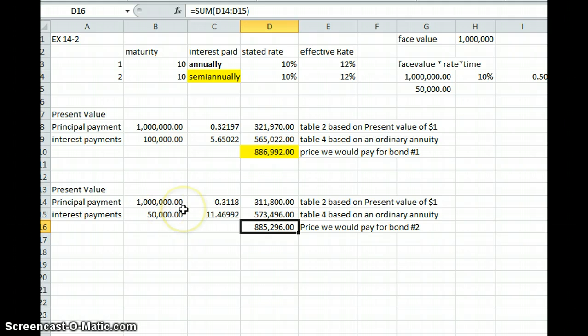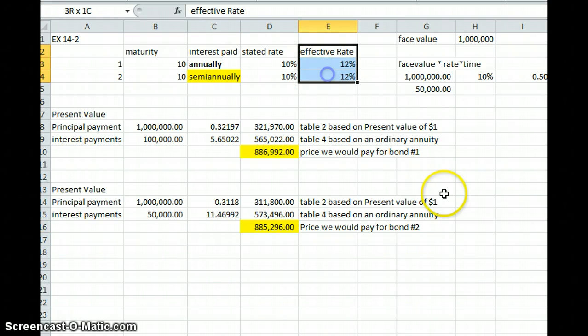And we will find that we have $885,296 is the price that we'd be willing to pay for bond number 2 with the semi-annual interest payments. So if the bond is being offered for $885,296, then that would be a good price for us to pay for it based on our present value calculations and our effective rate of 12%.